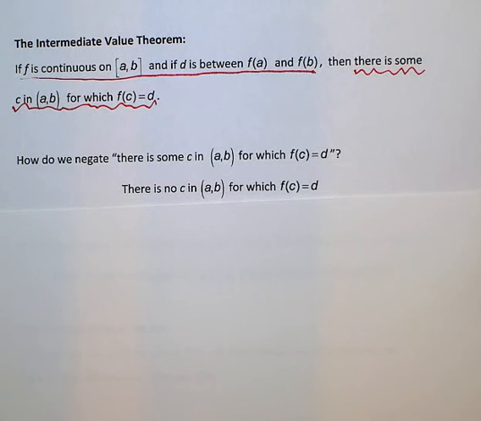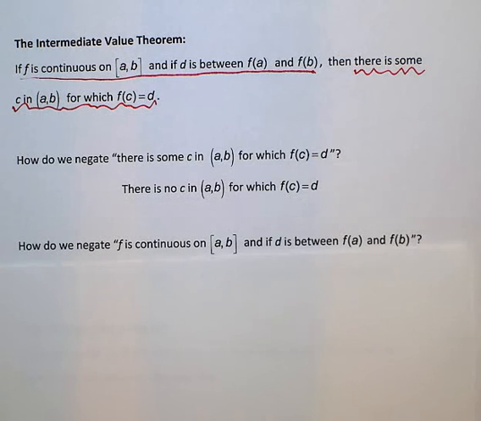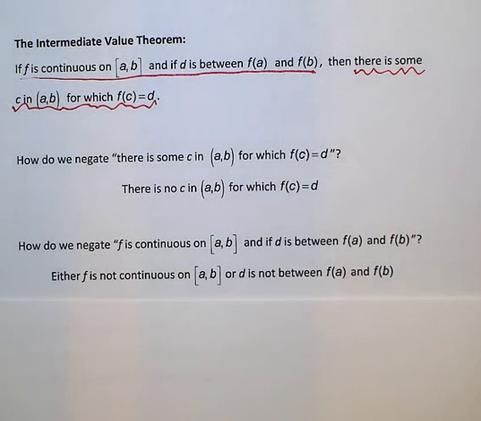How do we negate f is continuous and d is between f of a and f of b? The negation of P and Q are both true is one or the other or both of P and Q must be false. So the negation of f is continuous on the closed interval ab and d is between f of a and f of b is either f is not continuous on the closed interval ab or d is not between f of a and f of b.